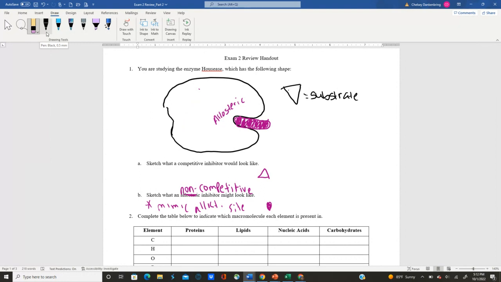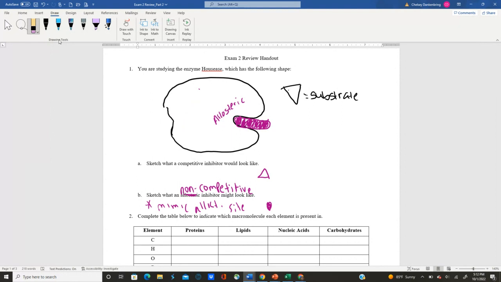Okay, so again, the purpose of all these inhibitions is to make sure the enzyme cannot do its job, the reaction cannot happen. So it does that either by competing for the active site, in which the inhibitor looks like the substrate, which by default looks like the active site, or non-competitive inhibition is where the inhibitor is going to look like the allosteric site.